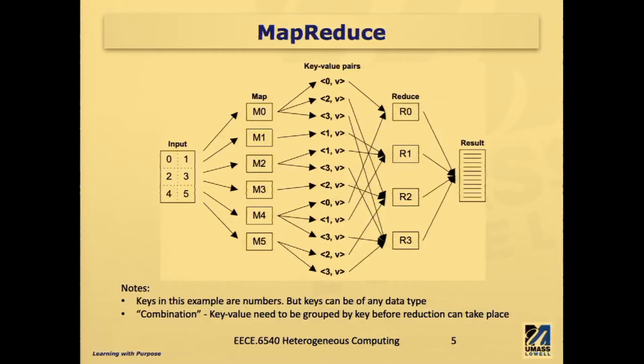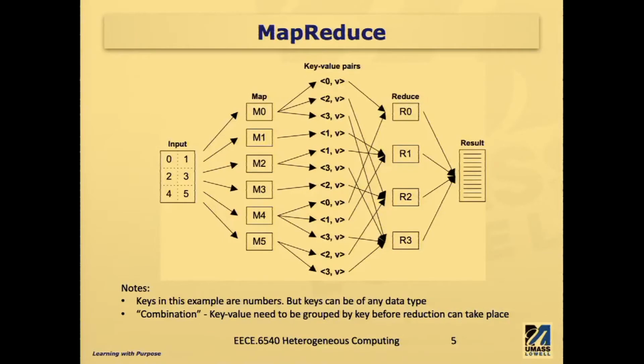Similarly, the other processors will produce key value pairs. Now you can see that the number of key value pairs could be different from the mapping processors, simply because you don't know what data is actually going to be sent to these processors.